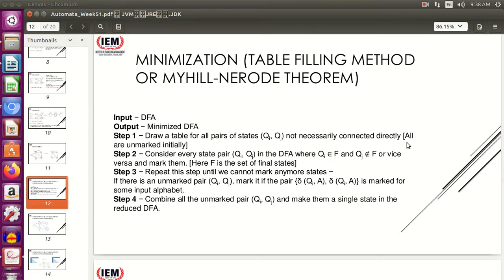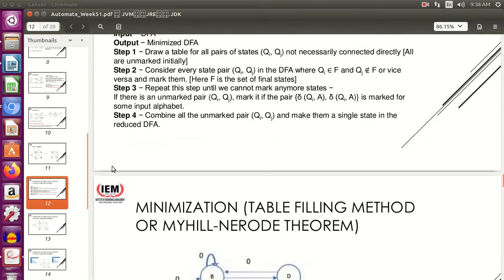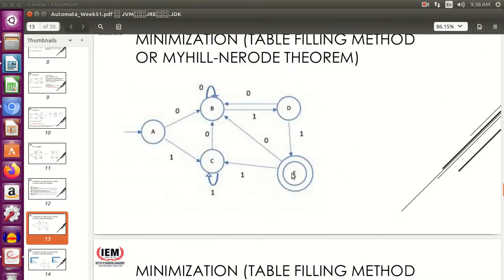Which means we have to mark every pair where one is a final state and the other is not a final state. For our DFA, which is the final state? E. So what are the possible pairs that we are going to mark? All the pairs containing E. So CE, BE, DE, AE.